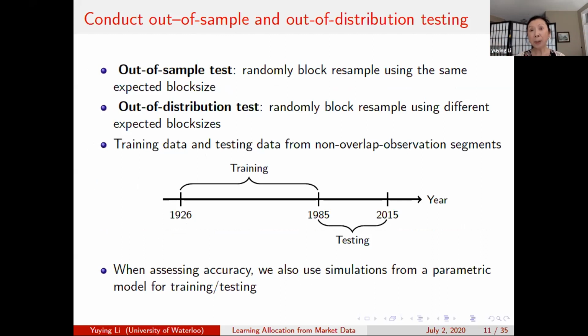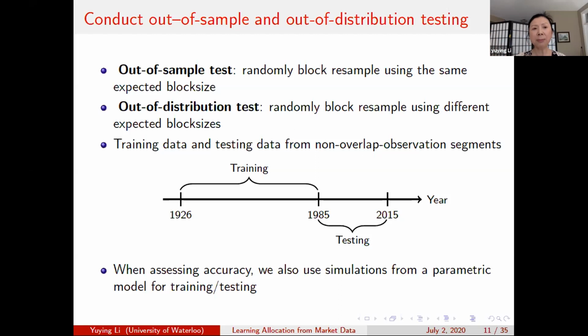So how do I come up with the testing data set? Well, we use the same block resampling technique to generate the testing data set. If we assume that the expected block size is the same as for the training data set, then our argument is that essentially you are performing an out of sample test.